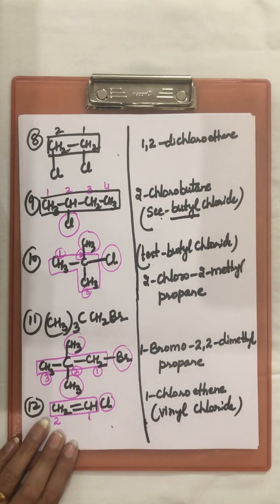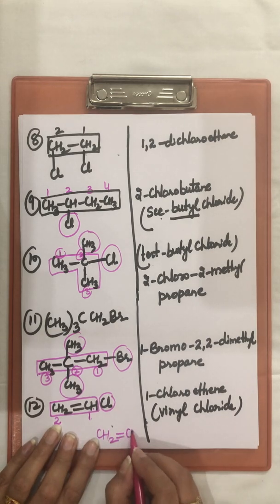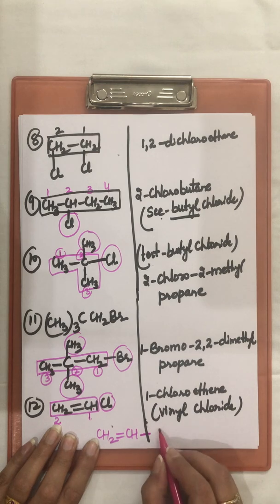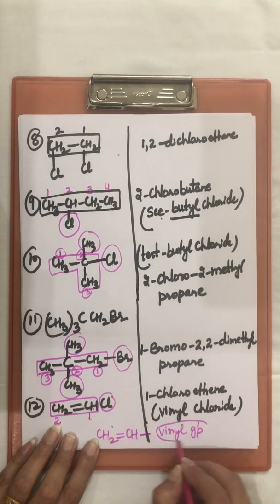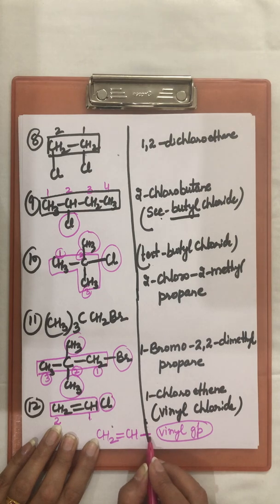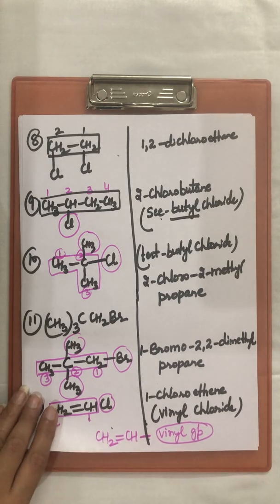Actually this group, CH2 double bond CH, is called the vinyl group. With vinyl, Cl is attached. So this compound becomes vinyl chloride. Next example.